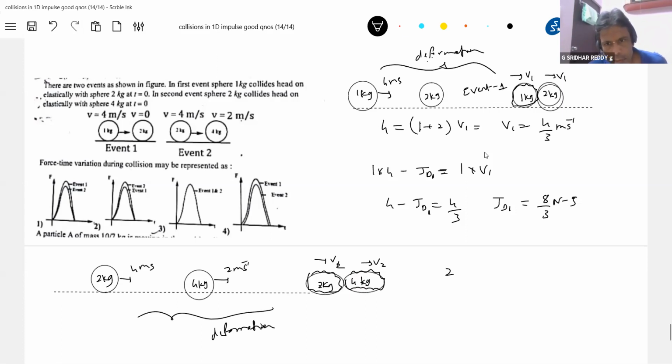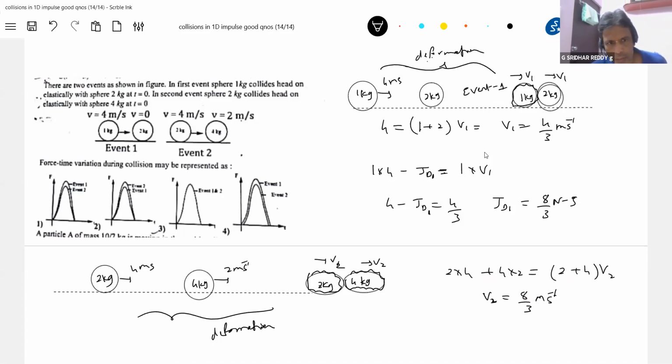Then this will be 2 into 4 minus JD2 is equal to 2 into V2. First, conservation of momentum. Apply conservation of momentum: 2 into 4 plus 4 into 2 is equal to (2 plus 4) V2. This will be 8, 16, 16 by 6, 8 by 3 meter per second.